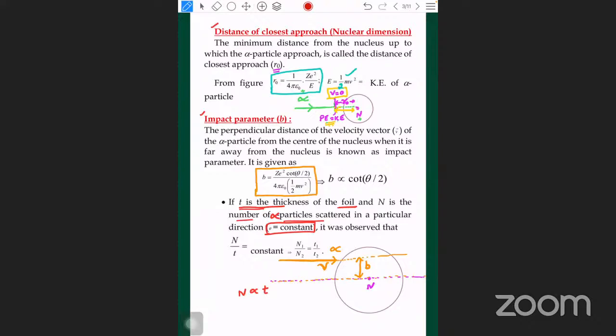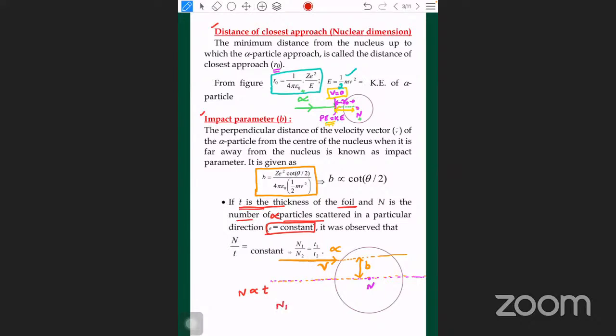As the thickness of the foil increases, the number of scattered alpha particles also increases. So N is directly proportional to T.